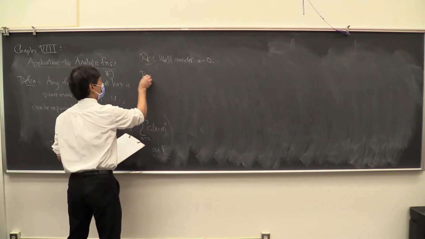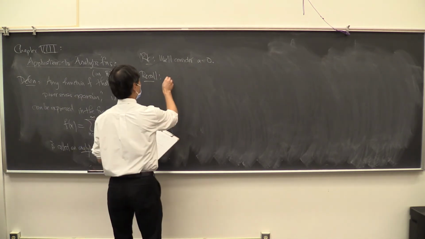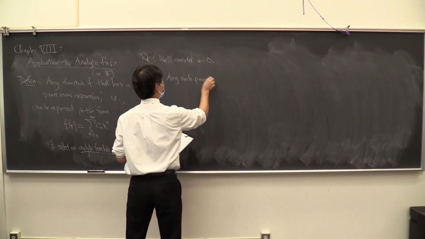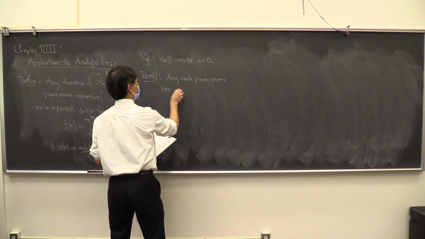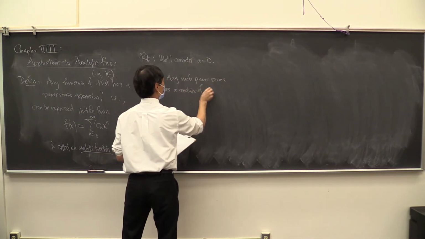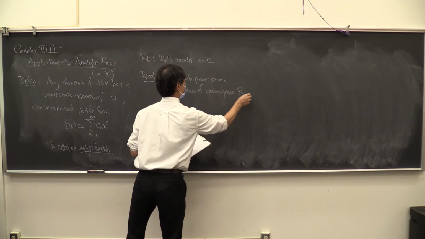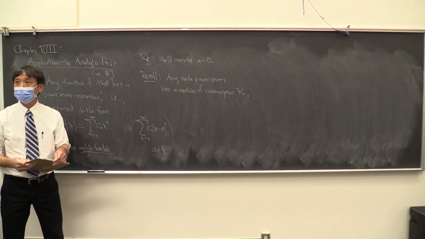Okay, so let's recall something: any such power series has a radius of convergence R. Do you guys remember how we got that radius of convergence?